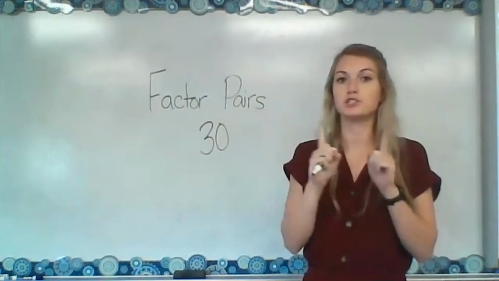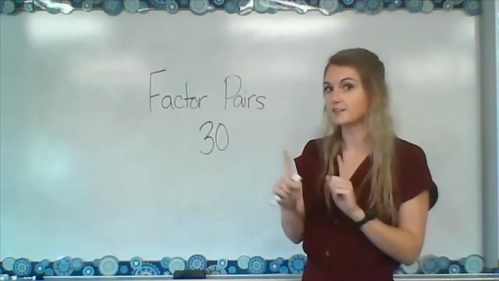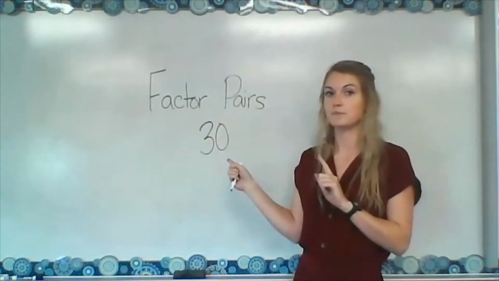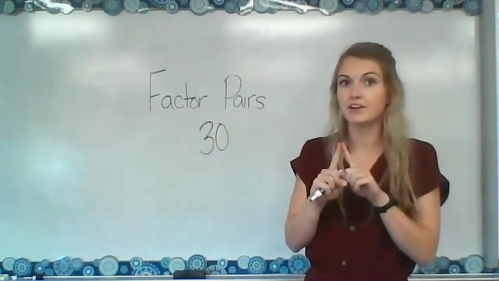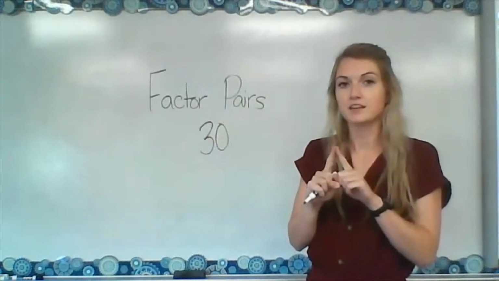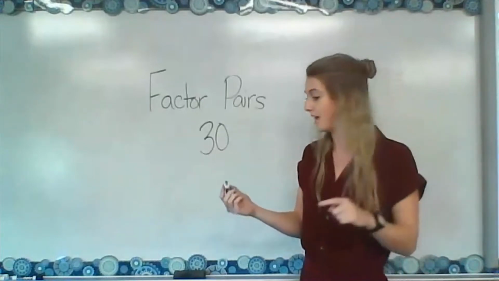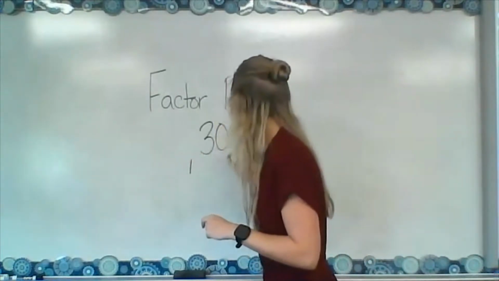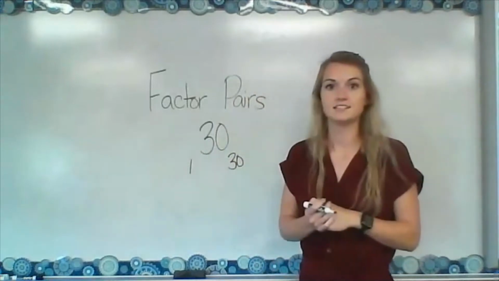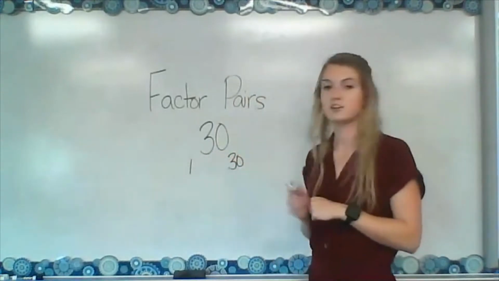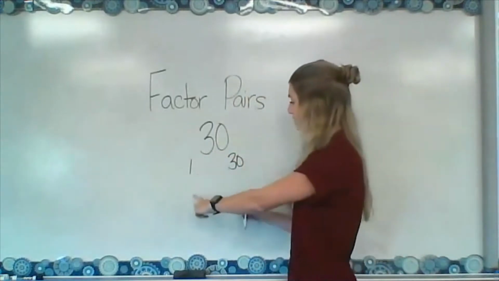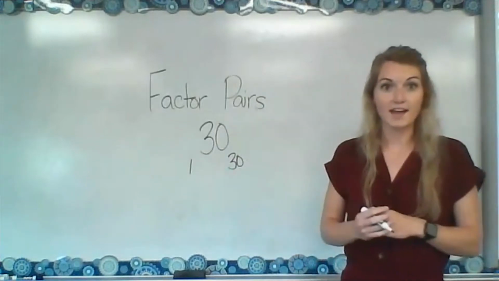So we're looking for 2 numbers that are factors of 30. 2 numbers that I can multiply together that will equal 30. The one that is so easy that you can always start with is 1, right? Because every single number has 1 and itself, 1 and 30. I like to do mine in 2 columns to kind of help me keep track, okay?